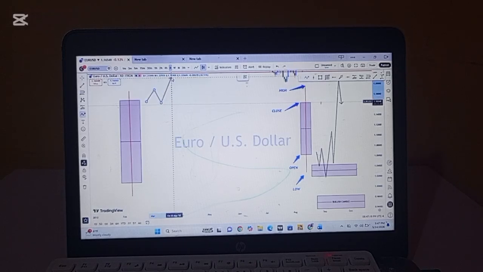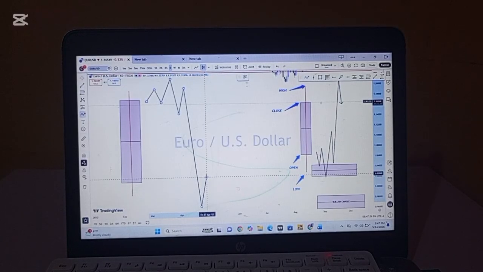Then we manipulate higher like that. Then we'll change character like that. Come back to any fair value gap or order block. Then we rally down like that, and then we close. It is as simple as that.